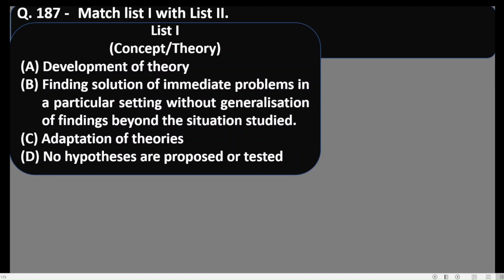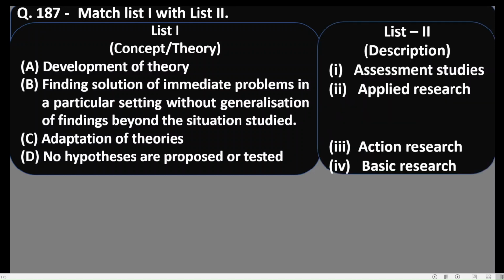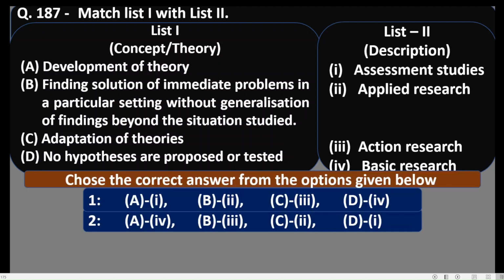C, adaptation of theories. D, no hypotheses are proposed or tested. In list 2, description about this concept or theory is given. In number 1, assessment studies. Number 2, applied research. Number 3, action research. Number 4, basic research. These are the options.